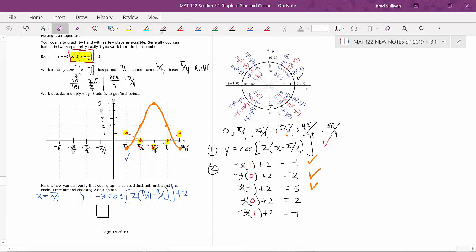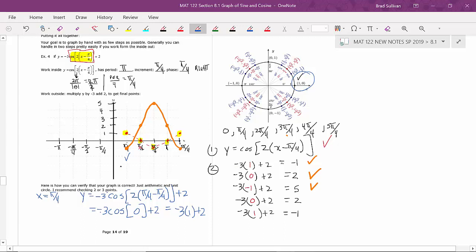If we finish this up, we have -3 cosine. This whole thing inside becomes 0, so it would really be cosine of 0 plus 2. The cosine of 0 is 1 on the unit circle, so that would be -3 times 1 plus 2. See, that's what we did here anyway. So that's right.